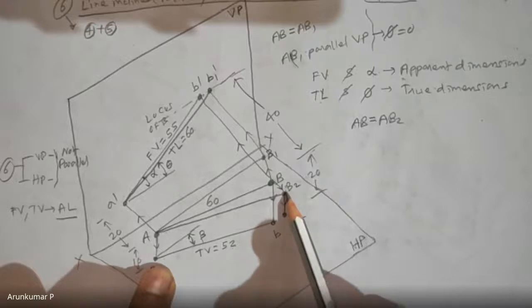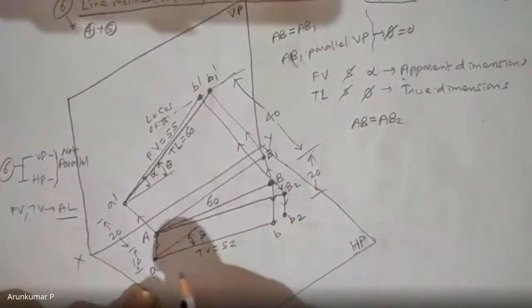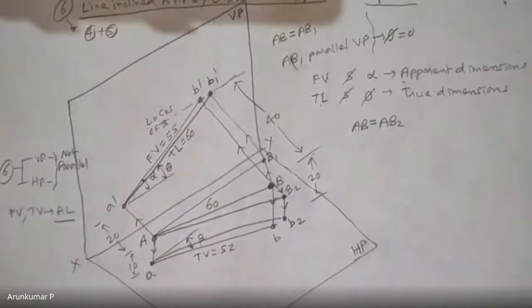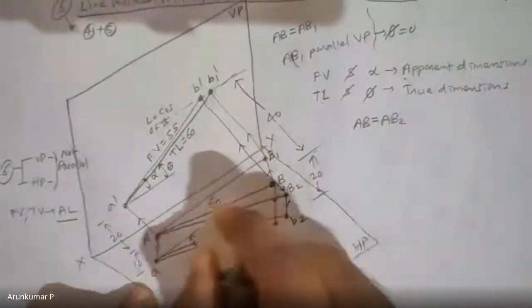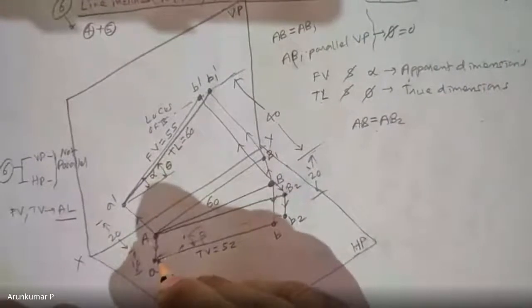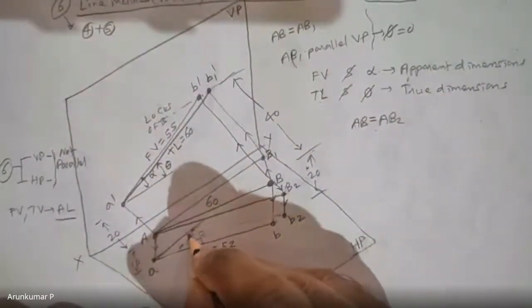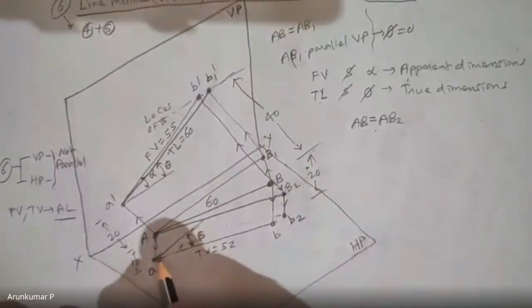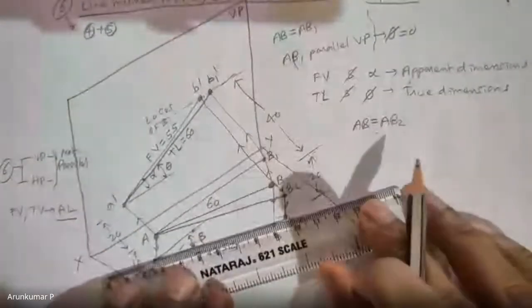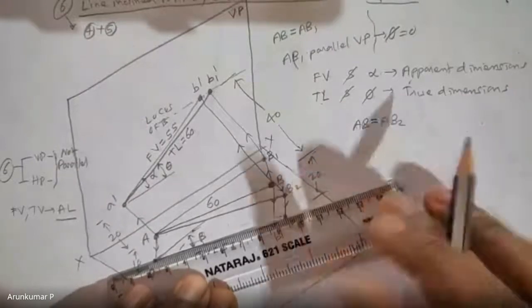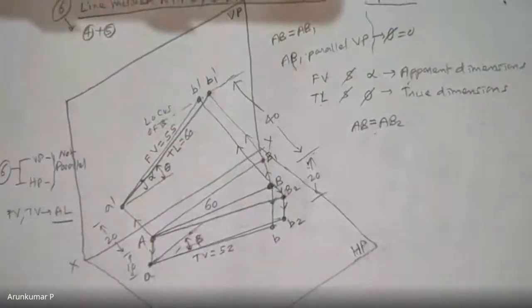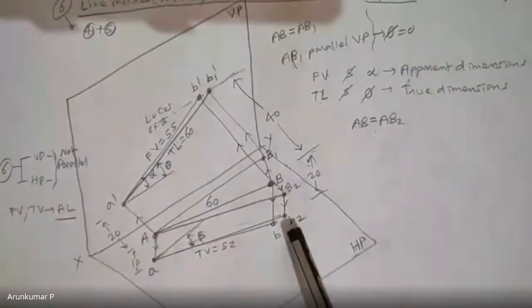So I have projected B2 onto HP, I got small b2. I will join A and B2.